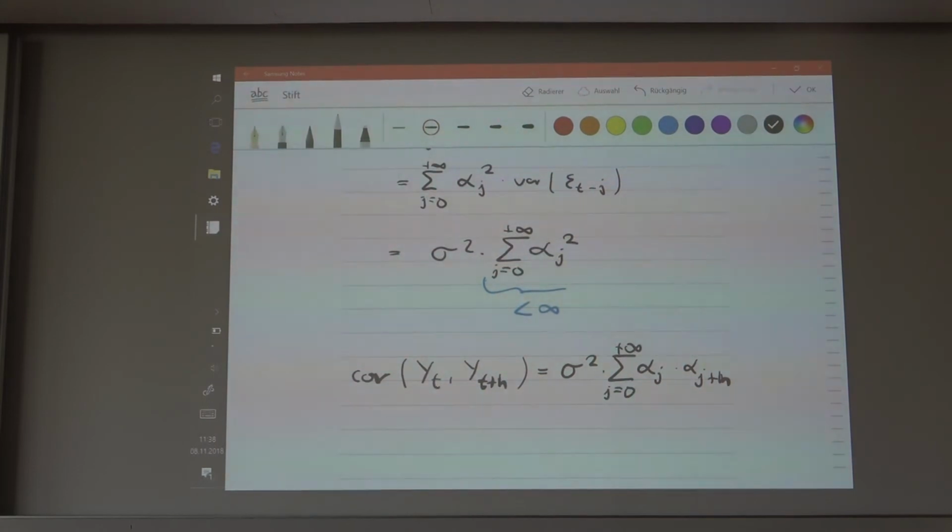So I will start proving the Yule-Walker equations tomorrow, and then we will check out how to calculate correlations from the practical perspective, which are better in this sense. We will prove the Yule-Walker equations, and then we apply them.